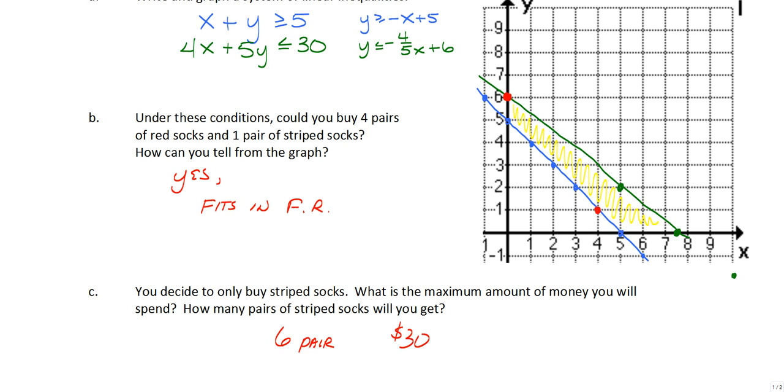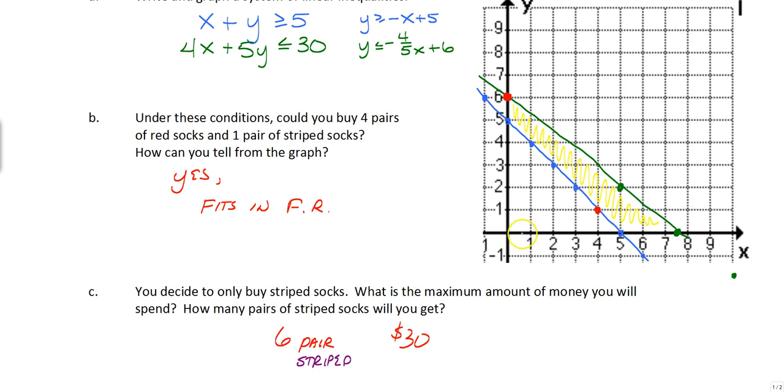Now I want to flip the script on you on this problem, and I want to ask you now, if you were only going to buy red socks, how many could you buy? So let's think about that.